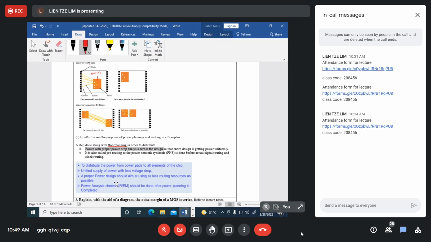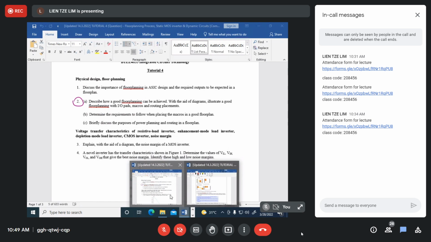If you have another answer than this one, it can also be considered correct, but I have to see how you explain it. So this is the answer for question 2.